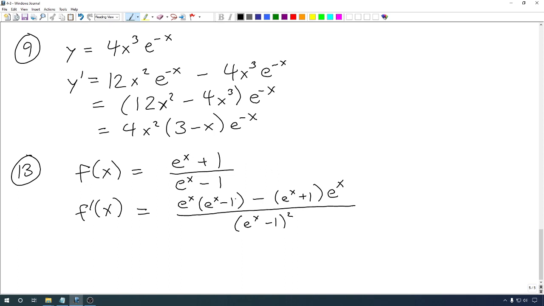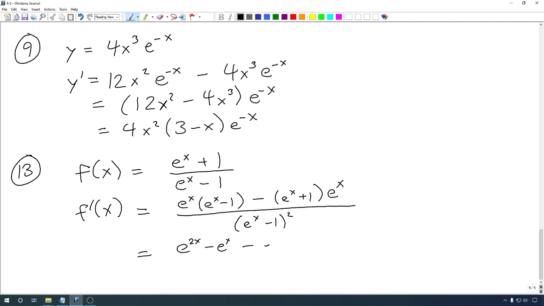Let's simplify this a little bit. We can distribute the e to the x to each of our terms. E to the x times e to the x. Remember, when we have the product of two exponentials like that, we add their exponents together. We get x plus x, so an e to the 2x power. E to the x times -1 is just a negative e to the x. Here we do the same kind of thing. Remember to distribute that negative as well as the e to the x.